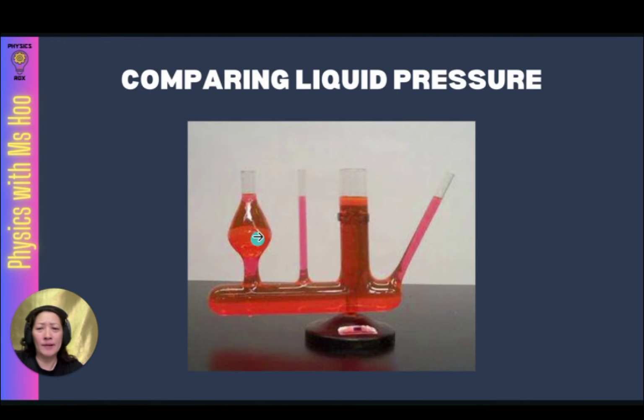This tube has some kind of cone shape in the middle. This is a thin diameter. This is a thick diameter, while this tube is at a slant. When you fill up this tube with water, regardless of the shapes and sizes of the vertical tubes, the water all comes up to the same level.